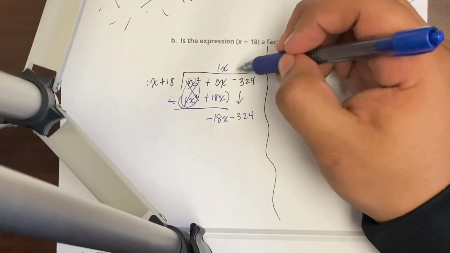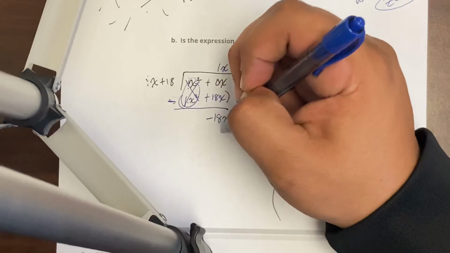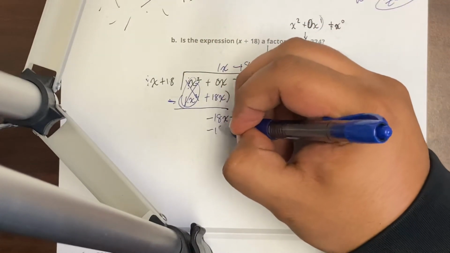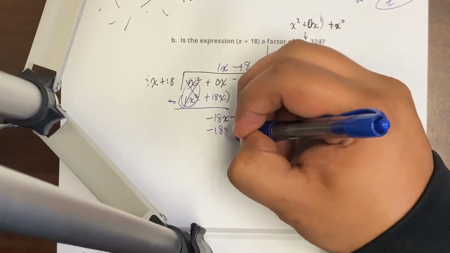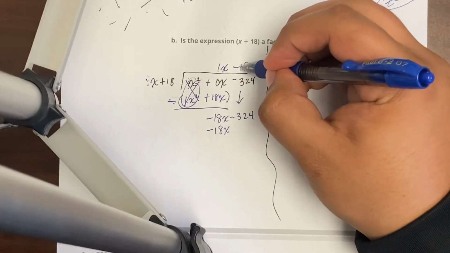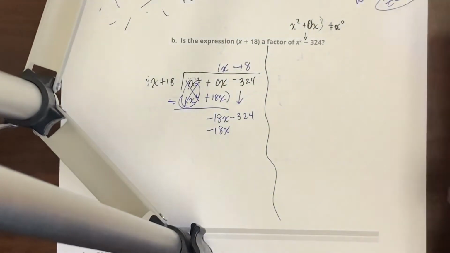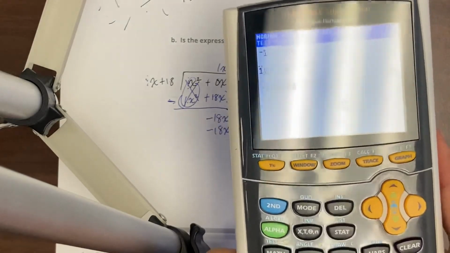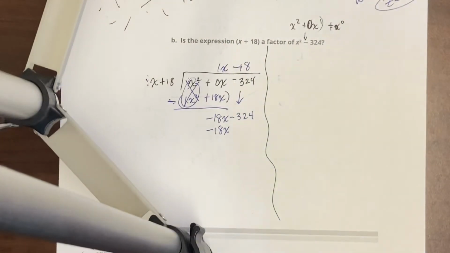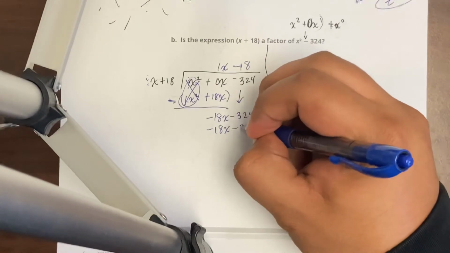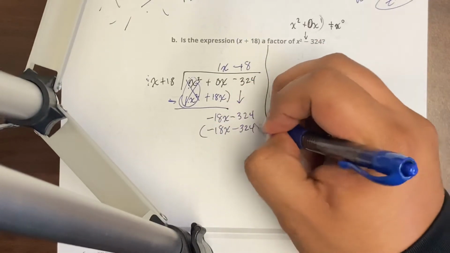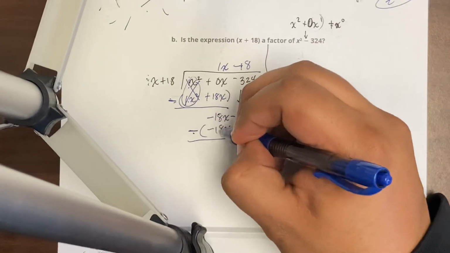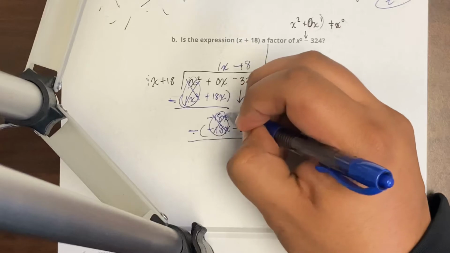Next. Something times 1 gives me negative 18. I like the ones with the 1s because these are a lot easier, I think. Negative 18 times x, keep the x. Negative 18 times 18, get your calculator, that is a big number. Negative 18 times 18, negative 324. And this is what we want to see. The exact same thing, because when I subtract it, negative 18 minus negative 18 gives me 0.